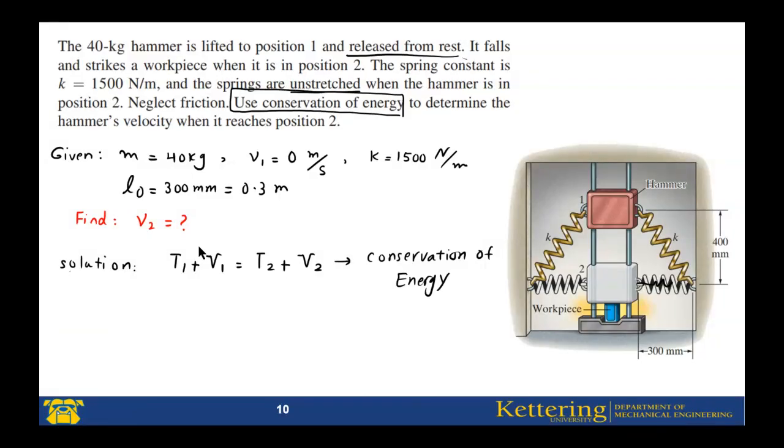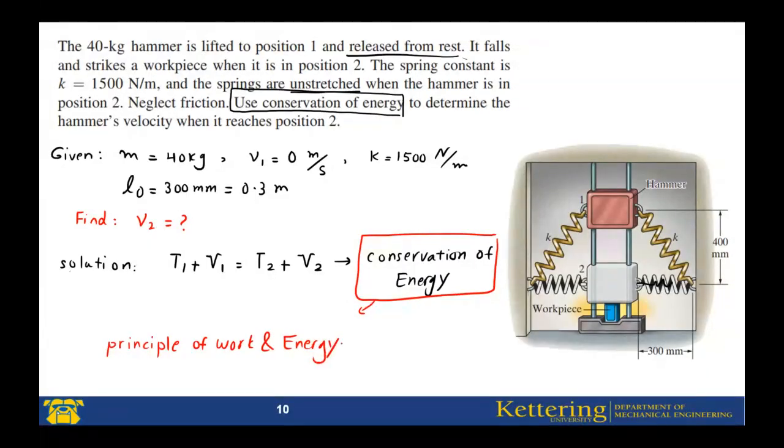Okay. Now, one thing before I move to solve this problem, I want to mention that you should not confuse the conservation of energy with the principle of work and energy, that you are working with in your homework.